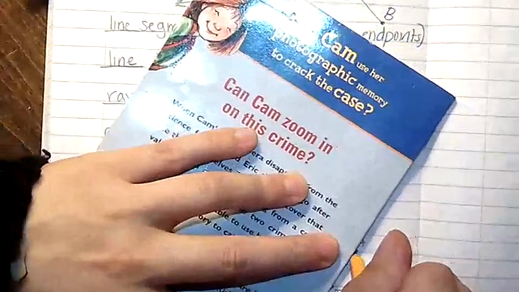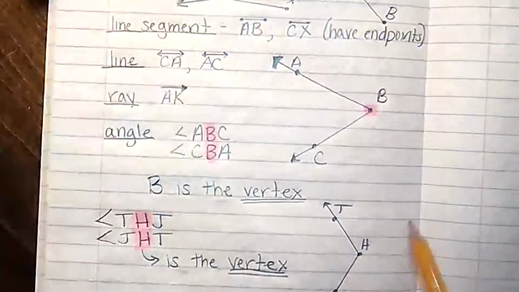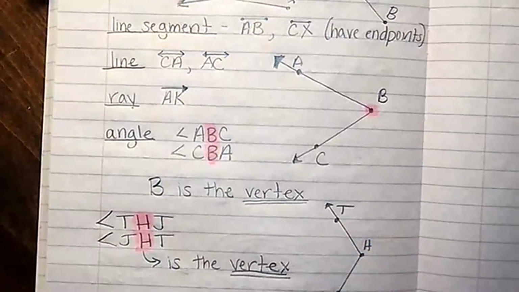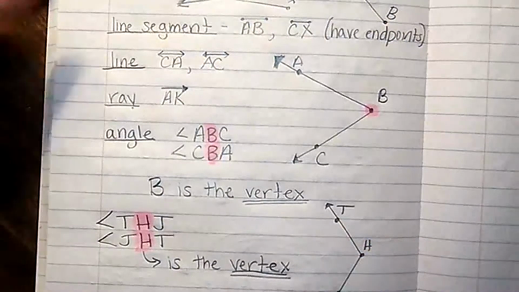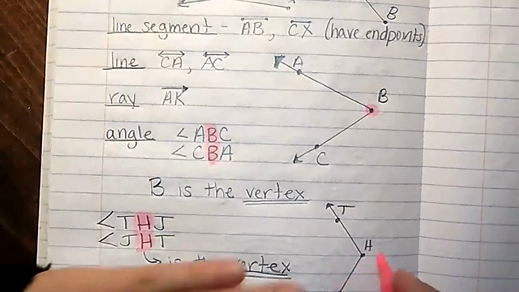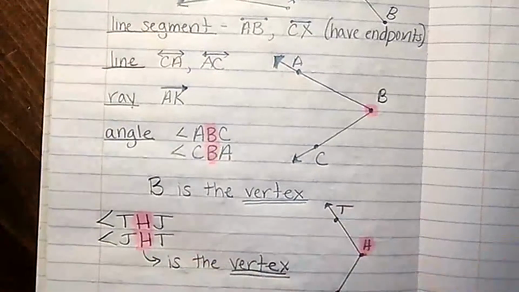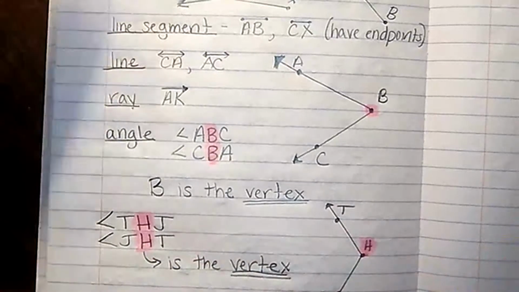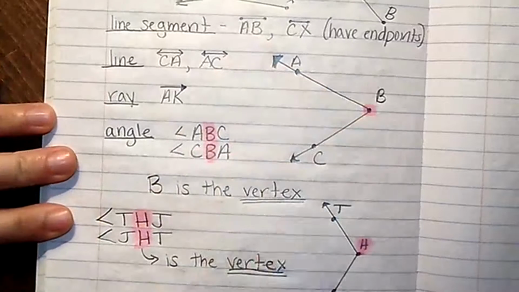T, H, then it's got to come down here and touch J. THJ. H is my vertex because it's the point that both of the other rays come out of. This is an example of an angle.